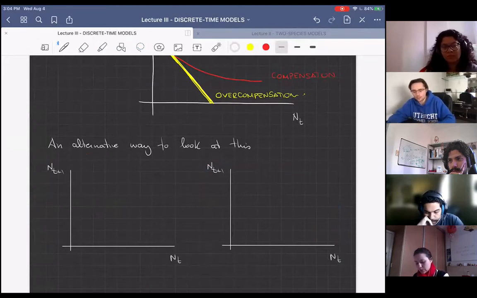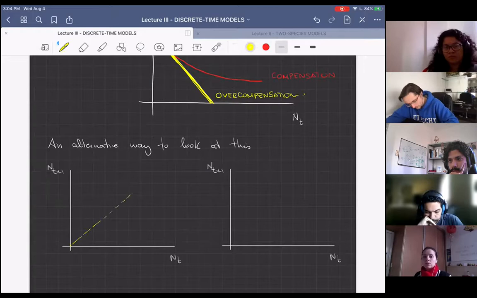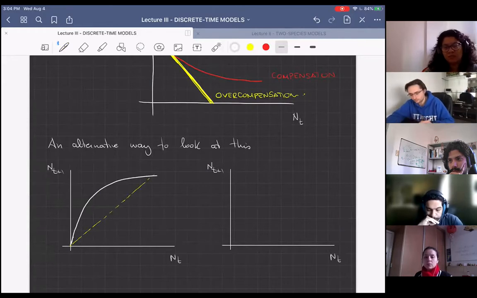So in the case of compensation, if we still plot here the one-to-one line, what we are going to have is that the growth rate is going to increase and eventually is going to saturate to some value. Okay.